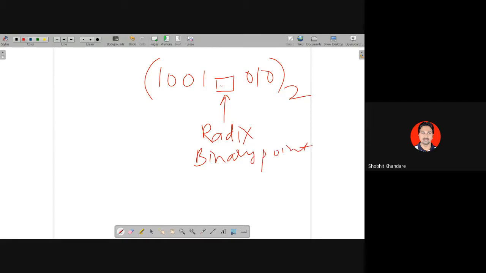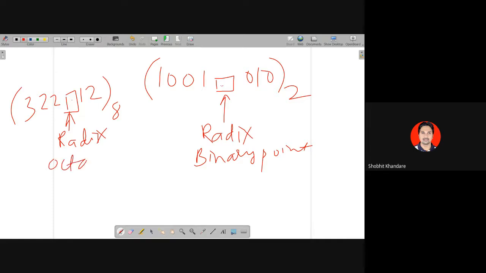Similarly, if I write 322.12, and this is an octal number, the base is 8. Here this point is a radix point, and in particular it will be called the octal point.